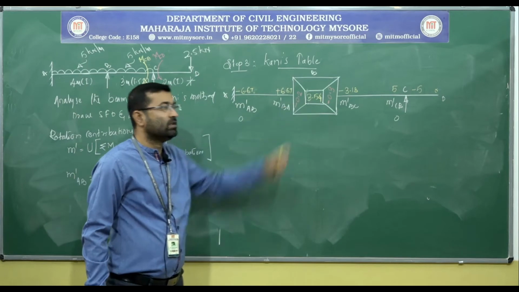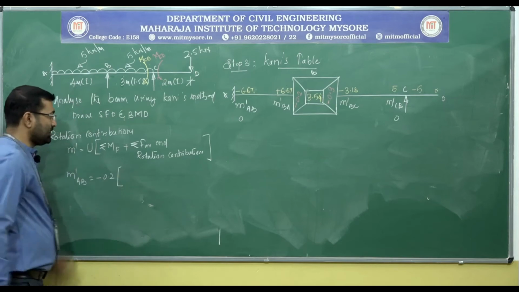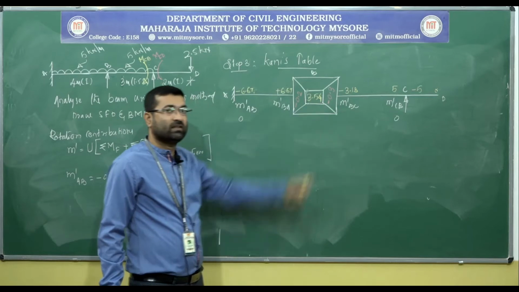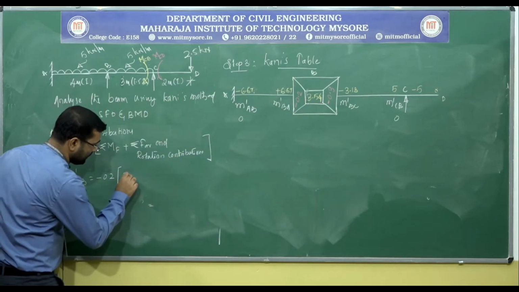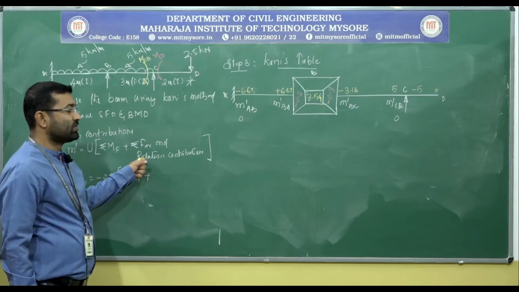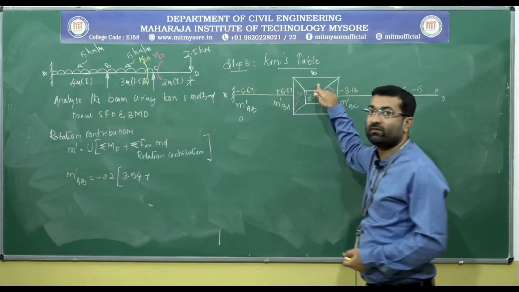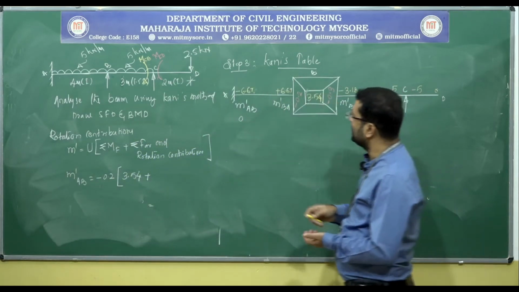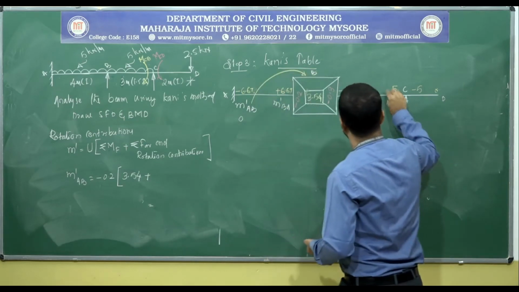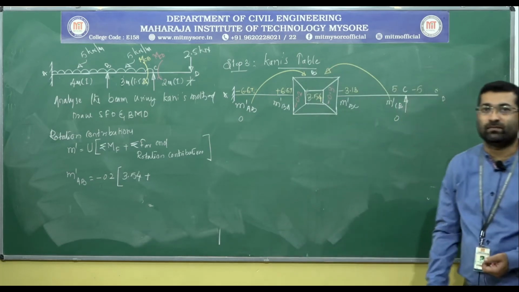The rotation factor is minus 0.2 into the bracket, algebraic sum of fixed end moments. The algebraic sum of fixed end moment is 3.54 plus the far end rotation contributions for the B joint, that is M dash AB and M dash CB.